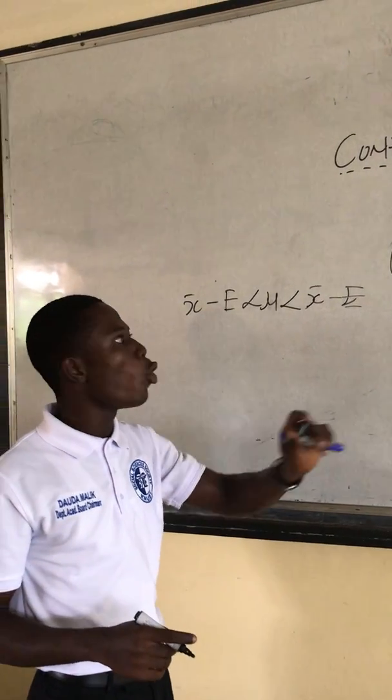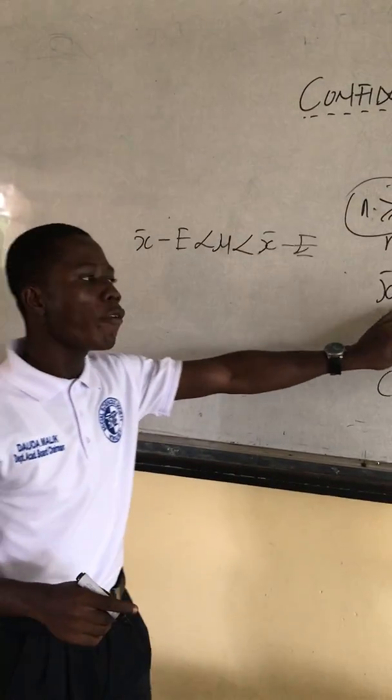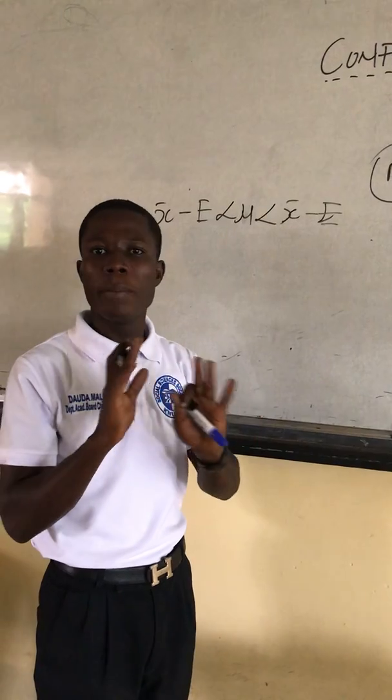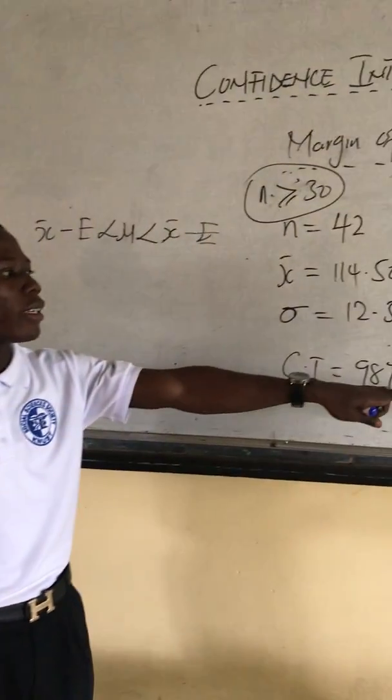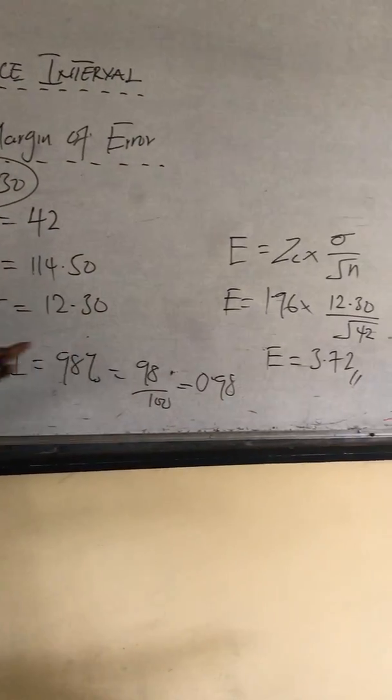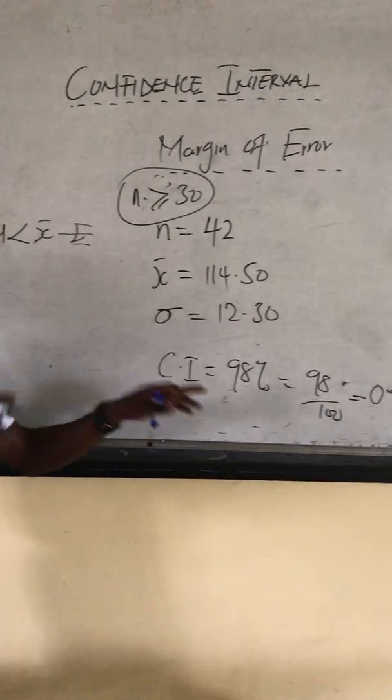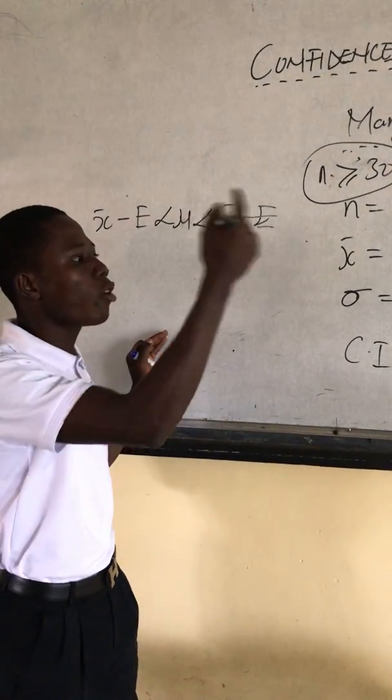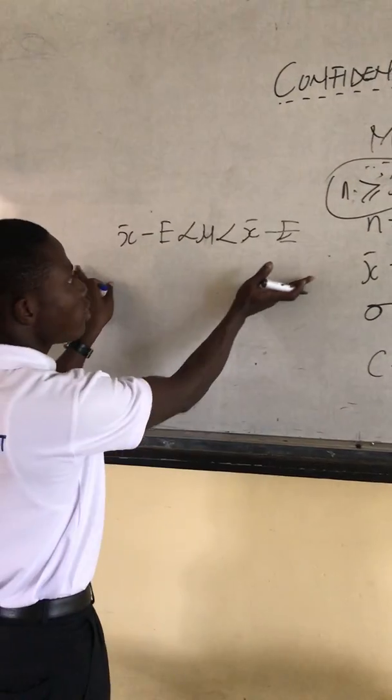As I told you, when you are solving for confidence interval, they will give you a mean, but you do not use the mean in the calculation. After you find your margin of error, you subtract the margin of error from the mean on your left side, then you add the margin of error to the mean on your right side. So this is the interpretation.